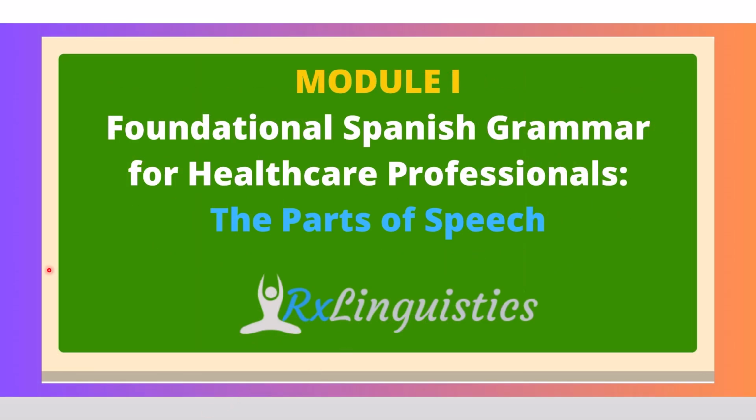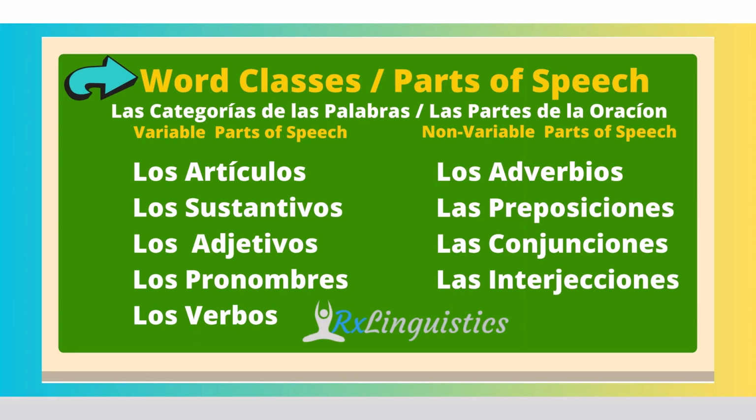So this is the foundational Spanish grammar, the parts of speech, and this is what it contains. You learn the articles, nouns, adjectives, pronouns, verbs, adverbs, prepositions, conjunctions, and interjections. Those are 9 parts of speech, but I group them under 6 lessons.